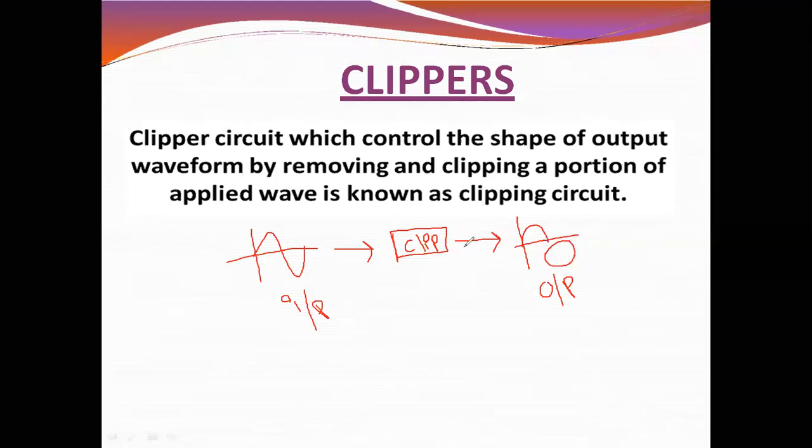That is the work of the clipper. Sometimes I require only the negative half at the output. That is also possible by using this clipper circuit. Clear? Suppose I need only some part of the positive half of the input, like this.